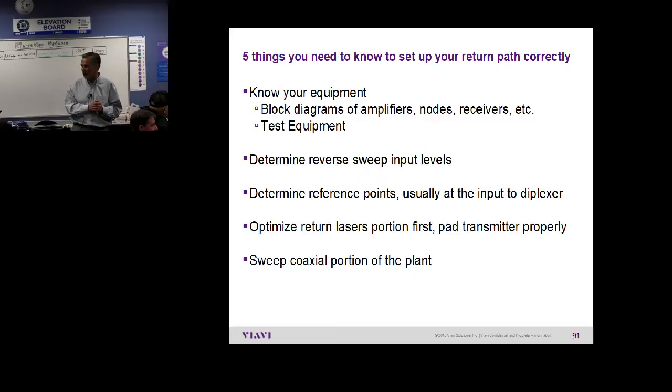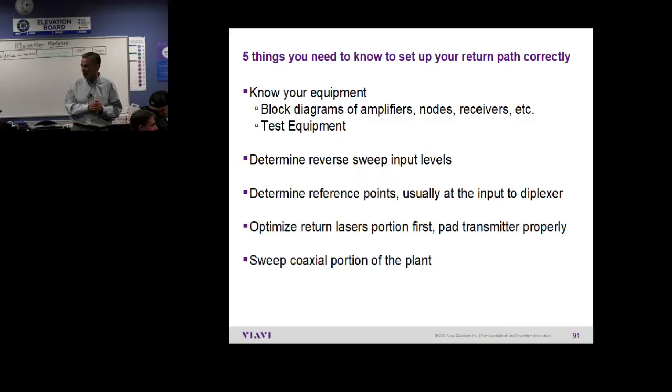It's every bit the same as downstream design levels, right? It's based on the system. So determine input reference points, and I don't know anybody that uses anything but input to the diplexer anymore. Optimize the return lasers first, and then sweep the coax part of the plant. Okay, and that's know your test equipment.